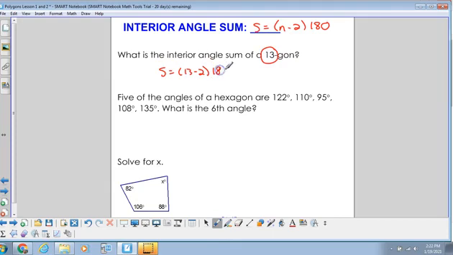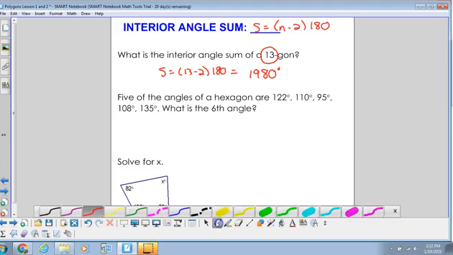Go to your calculator or Desmos, type that in. 13 minus 2 is 11. 11 times 180 gives us 1,980. Or just type it in exactly as it is right there, 13 minus 2 in parentheses times 180. You get 1,980.